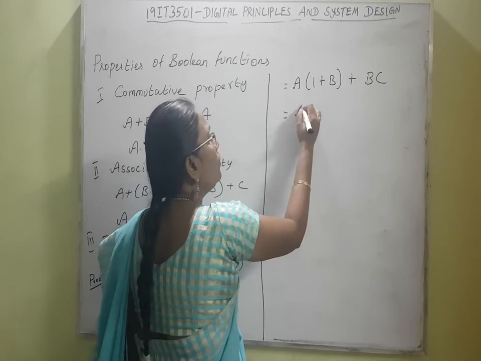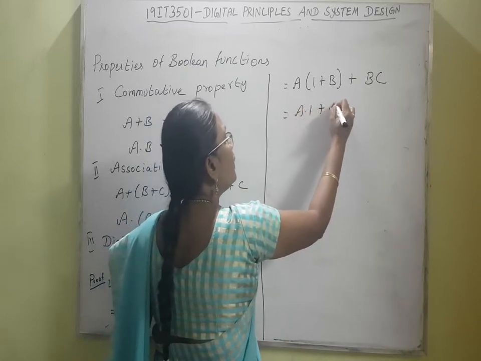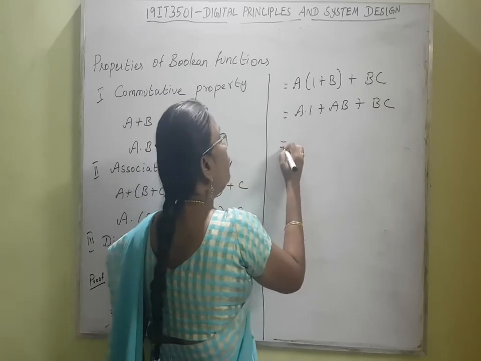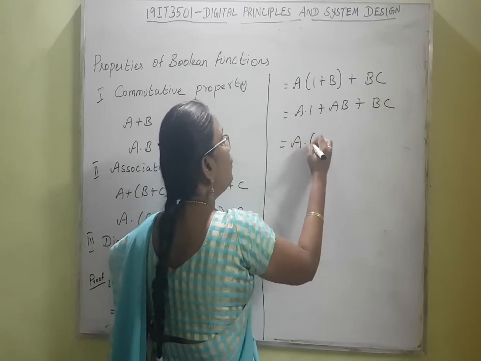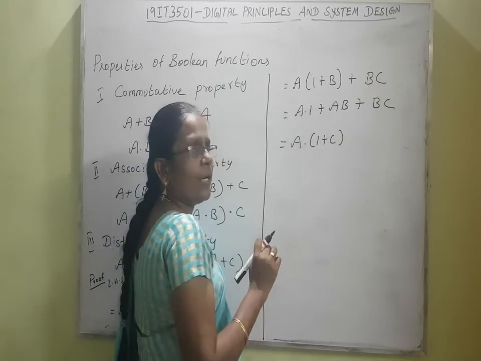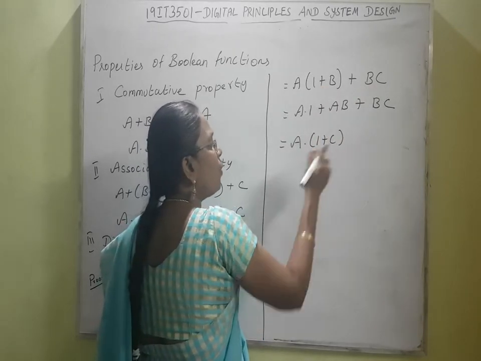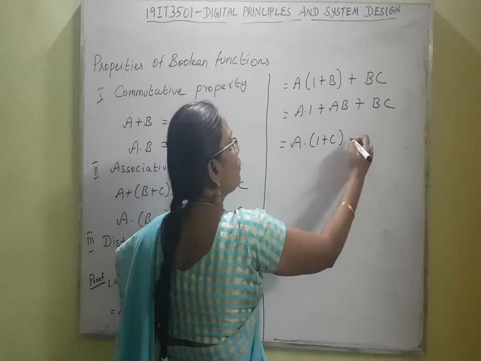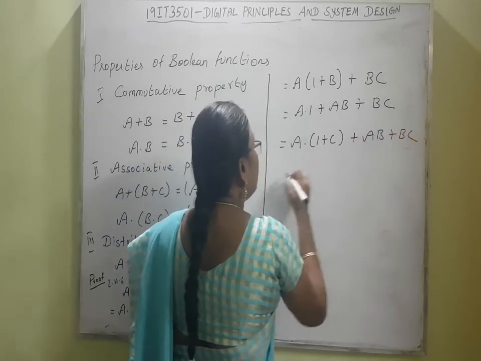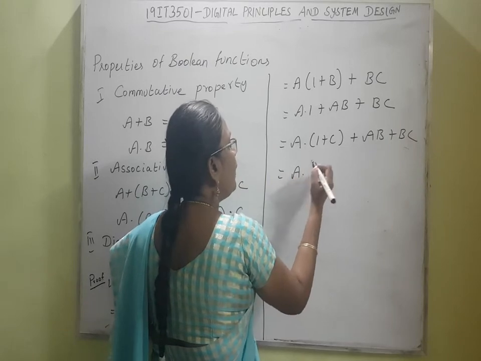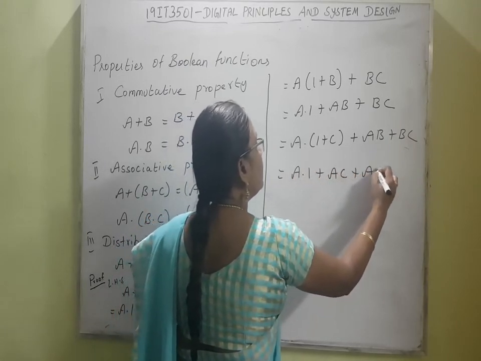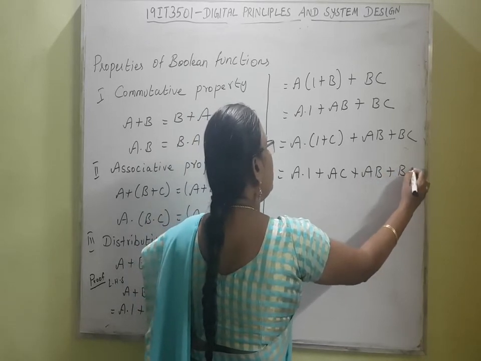So this is equal to A into 1 plus AB plus BC, which is equal to A into (1 plus C) plus AB plus BC. Now 1 plus anything is always 1, so I can put any number of terms. So this is equal to A into 1 plus AC plus AB plus BC.